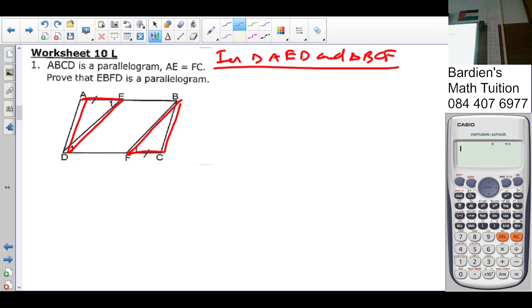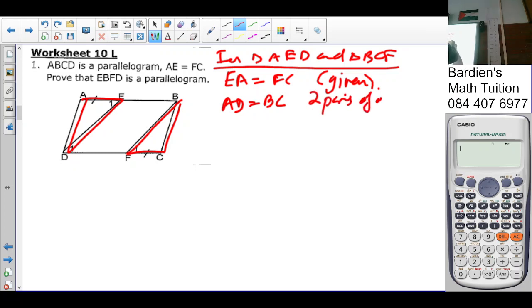What can we say about those 2 triangles? AE is equal to FC. Why? That was given to us. Another one. AD is equal to BC. Why? 2 pairs of opposite sides equal in a parallelogram.